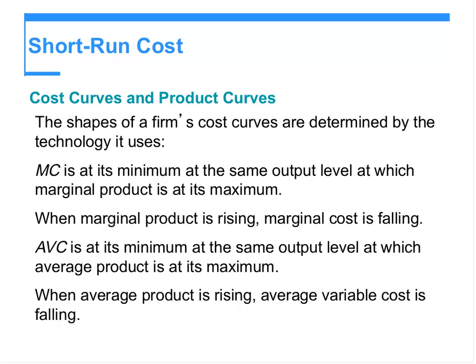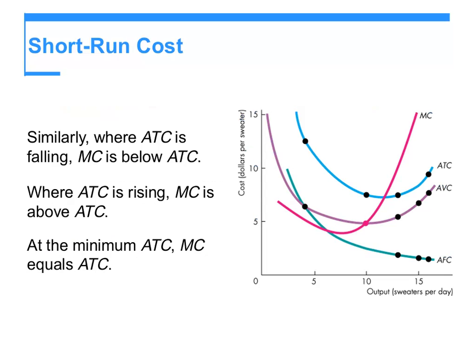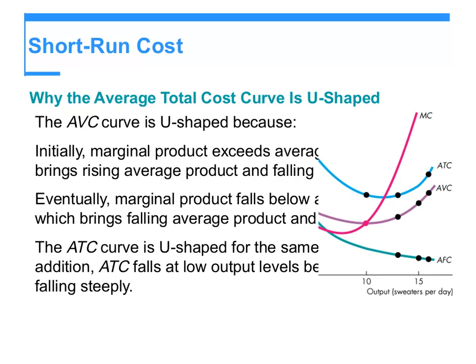AVC is at its minimum at the same output level as average product is maximum. As you can see, these are all different ways of saying the same thing. If you understand the previous relationships between these curves, all of the next ones can be easily understood.